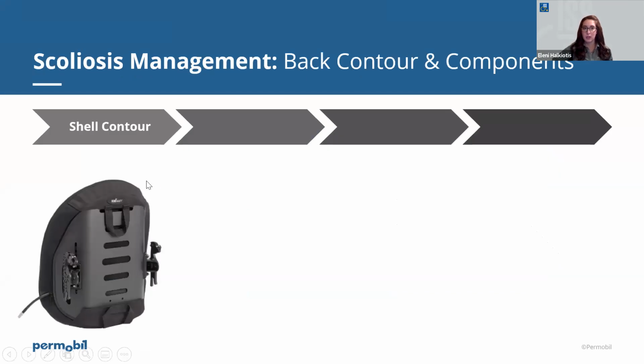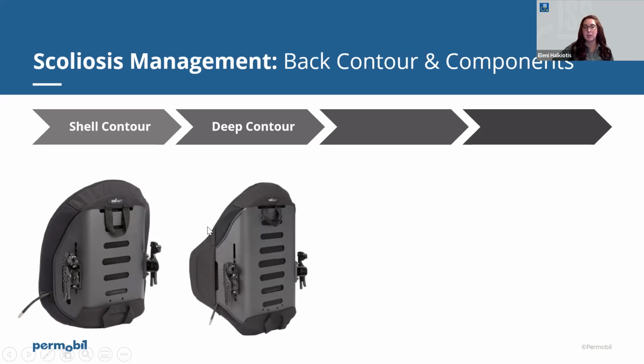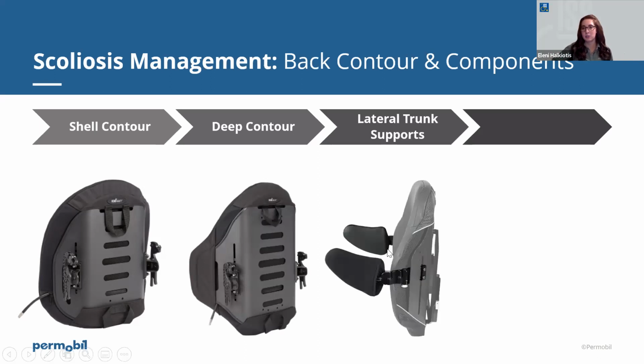So first we'll go over scoliosis management. You want to select a shell that's going to be rigid, so you have sufficient support, especially laterally. You can choose a deep contour back support if that is enough lateral support to correct or address their scoliotic posture. Certainly feel free to use lateral trunk supports as needed.